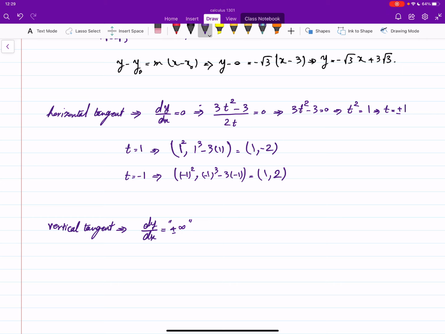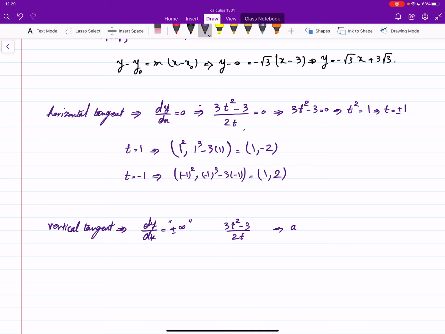But if you look at the derivative there, this is a good function, and for every number it gives a good number, unless you have the denominator 0.